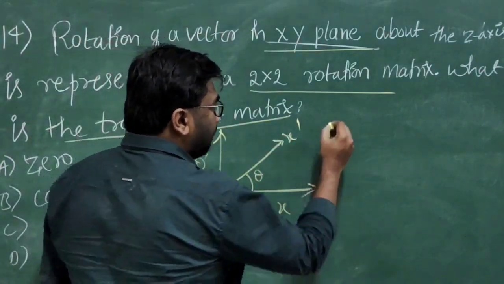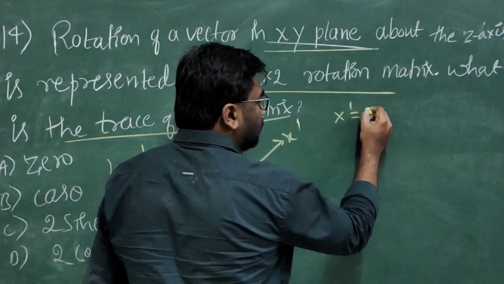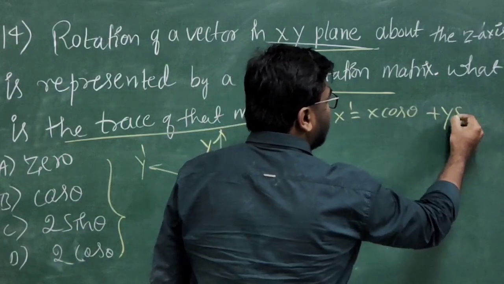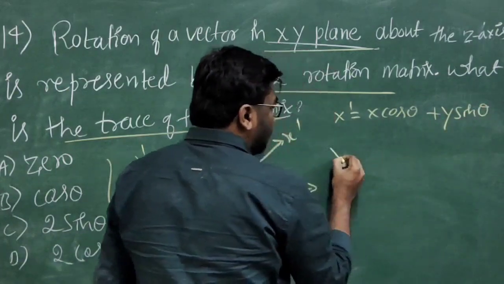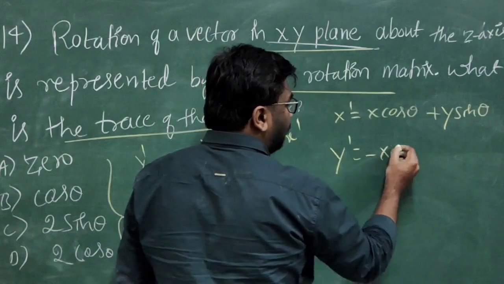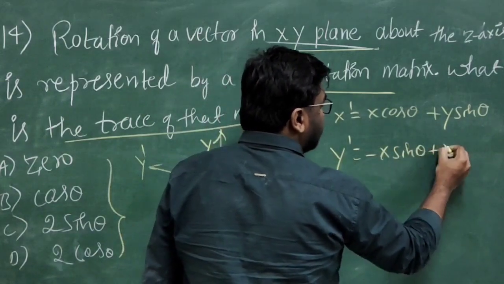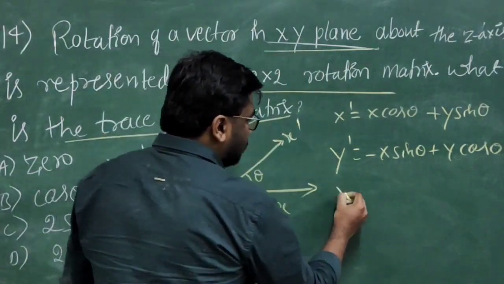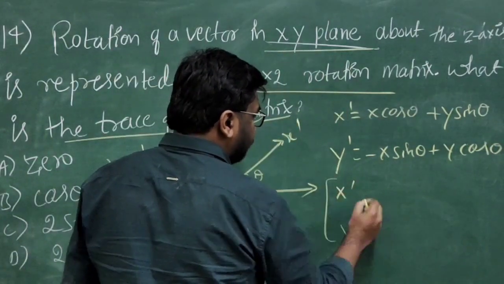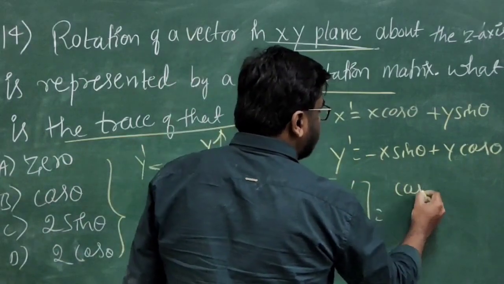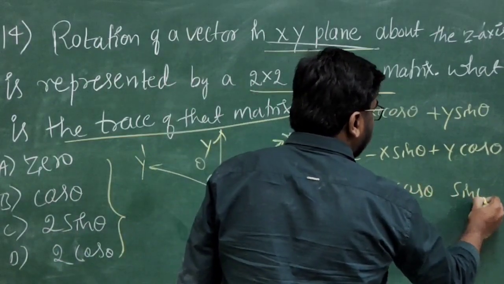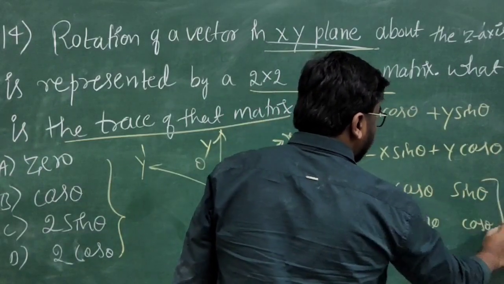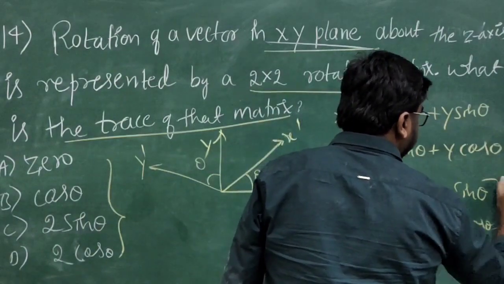So the new coordinate x prime is equal to x cos theta plus y sin theta, and y prime is equal to minus x sin theta plus y cos theta. If we construct this, x prime y prime is equal to the matrix cos theta sin theta, minus sin theta cos theta, into xy.